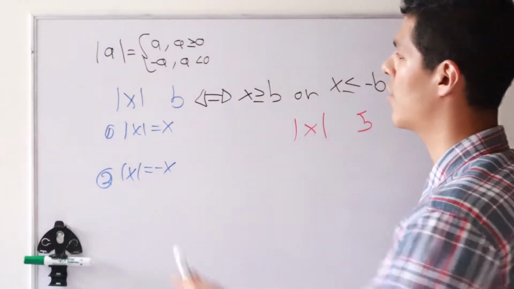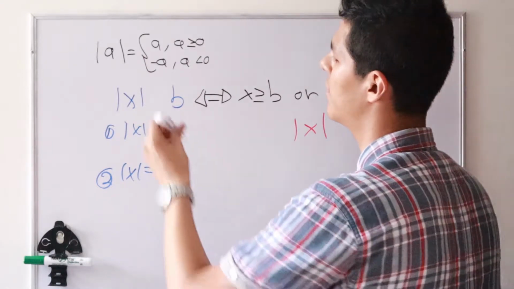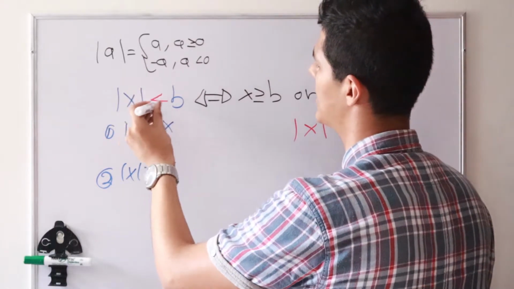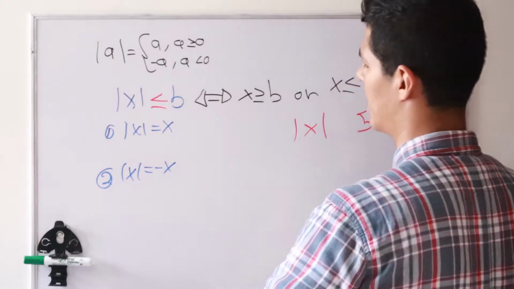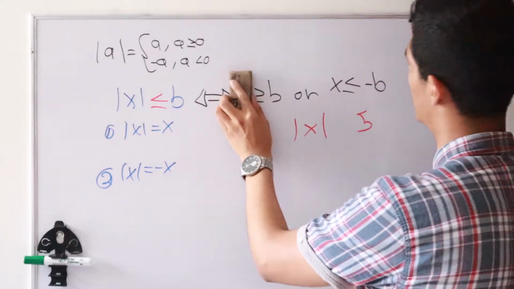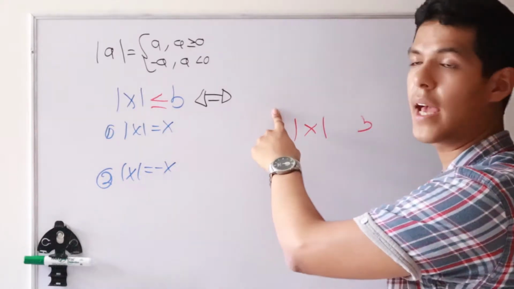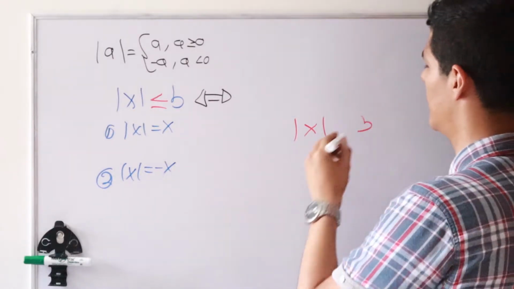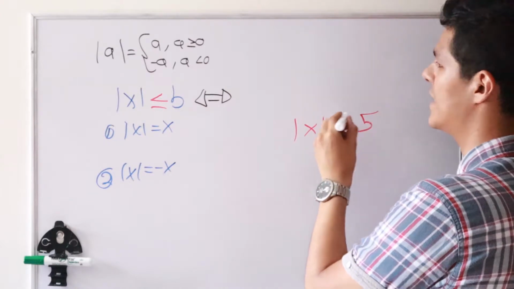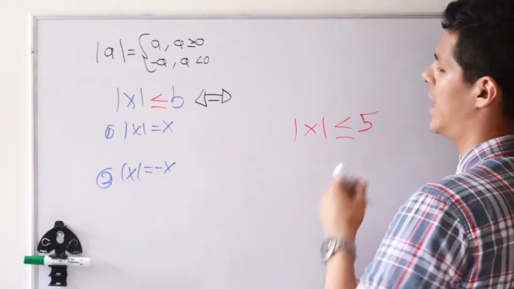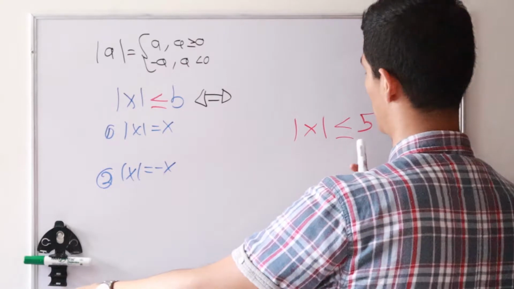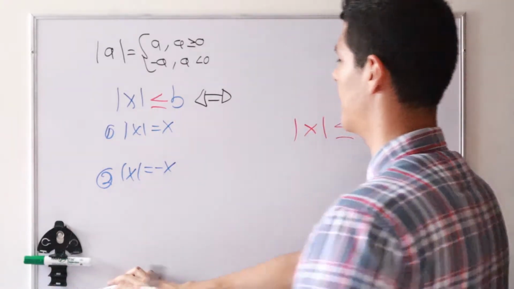Now, when we have that the absolute value of X is less or equal to B, these conditions cannot happen together. So this example is equivalent to the absolute value of X being less or equal to 5.